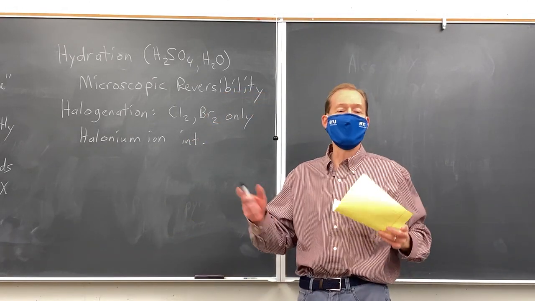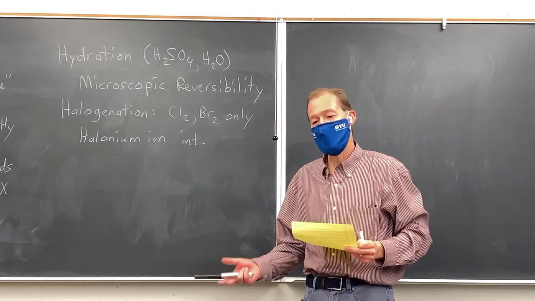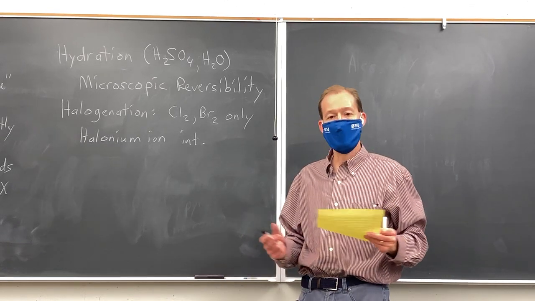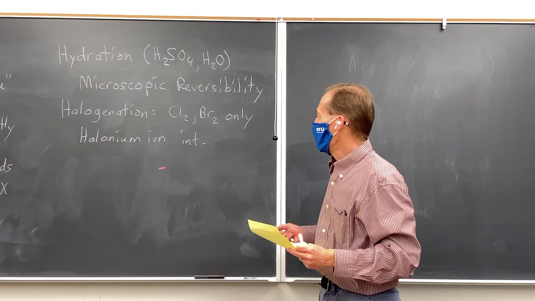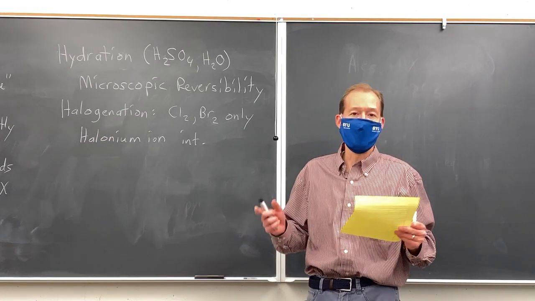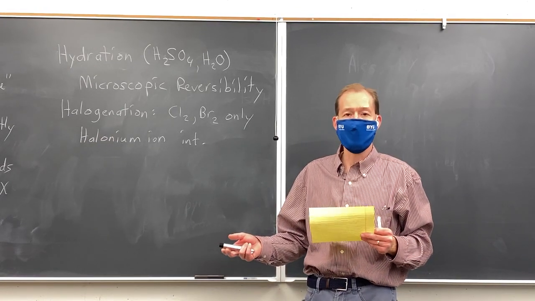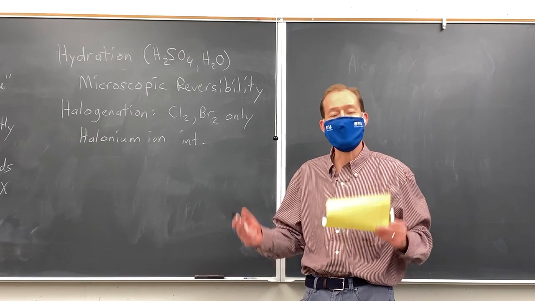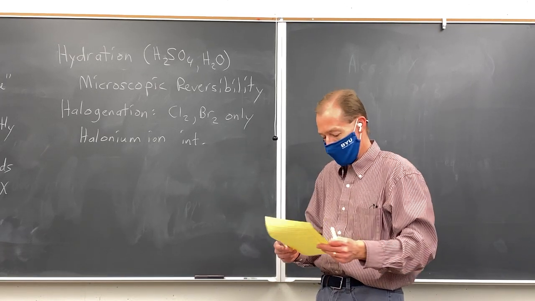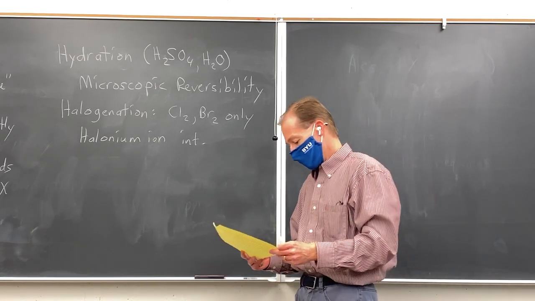And because we form a halonium ion instead of a carbocation, there are no rearrangements. You should know why the halonium ion forms instead of the carbocation. We went over that in class. It's more stable than the carbocation, and we talked about why that's the case.